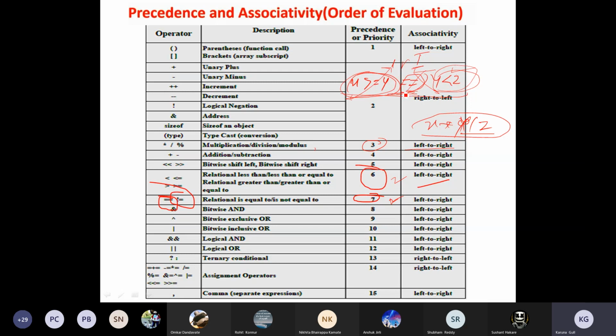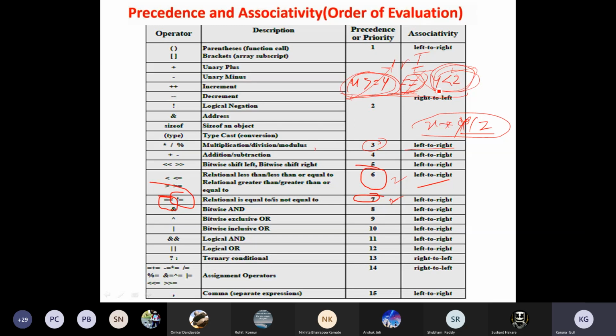But equal to has lesser priority here. Have you understood? Any doubt regarding this?